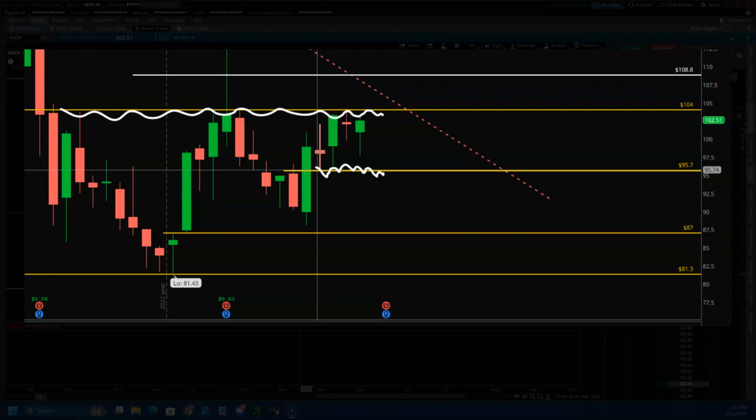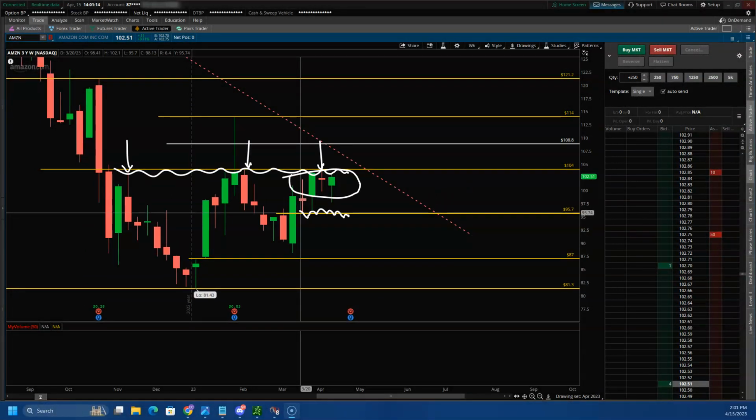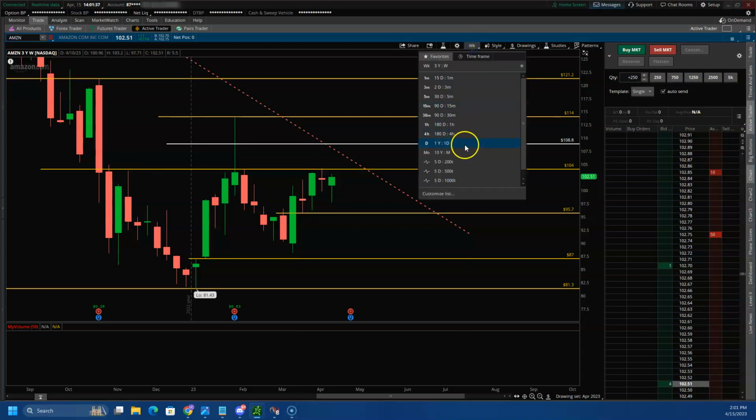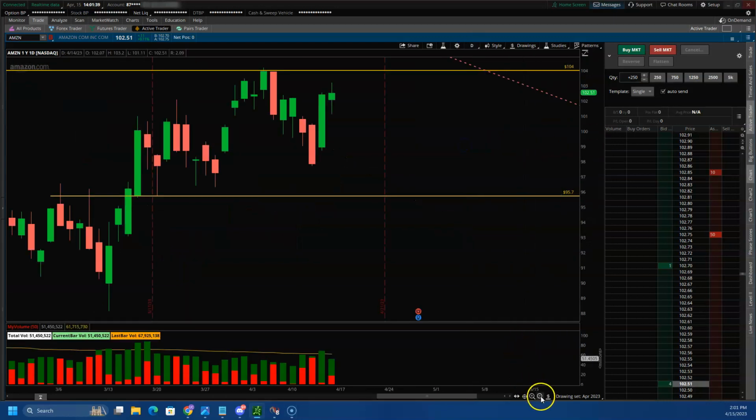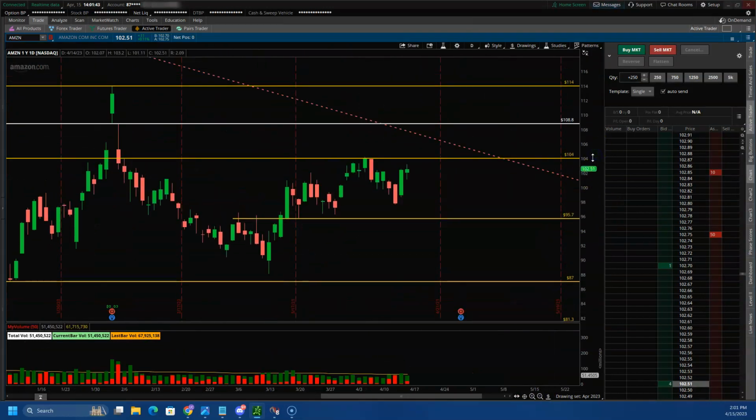Rejections from there have been quick in recent history. This time around, we're sticking around for a longer time, so that could be an indication that it wants to break out on the upside. Of course, time will tell. You have to plan accordingly, but this is how the daily looks.